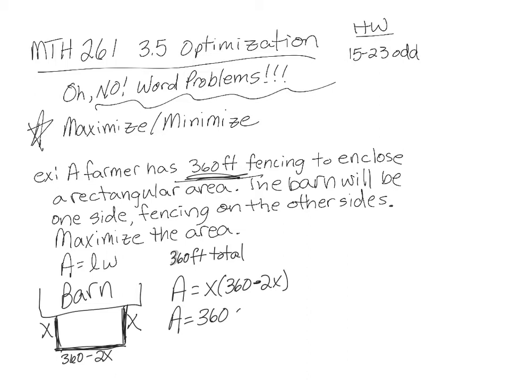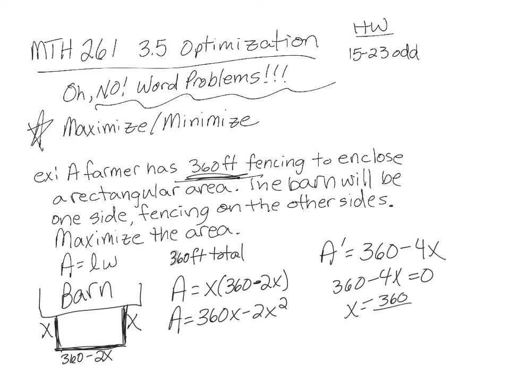So the area is 360X minus 2x squared. Take the derivative, we get 360 minus 4x. Set that equal to 0. X equals 360 divided by 4. I get 90 feet of fencing. That's inches. Haha, 90 feet of fencing. So what's the area of the enclosed space?